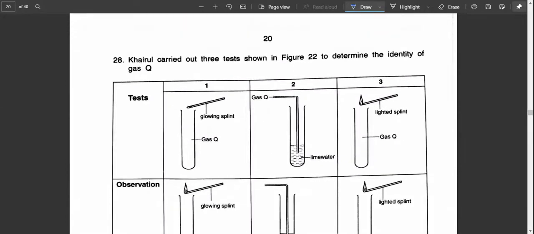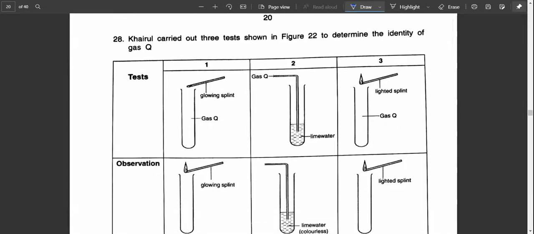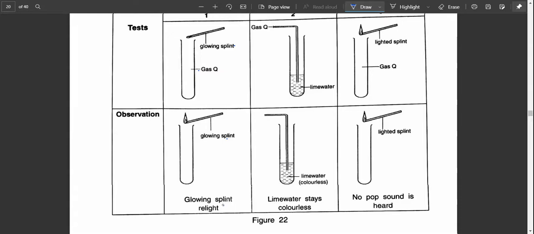28. Carol carried out 3 tests shown in figure 22 to determine the identity of gas Q. In gas Q, you put a glowing splint, and the glowing splint relights. When we say glowing splint, we talk about oxygen. When it relights, it means there is oxygen. Then gas Q, you put into lime water and lime water stays colorless.